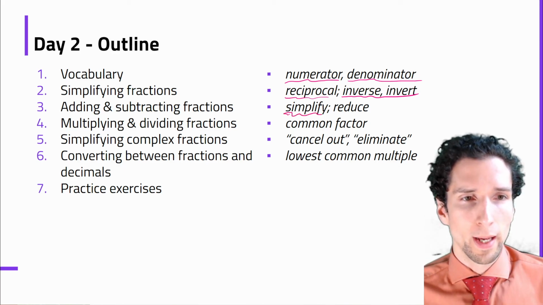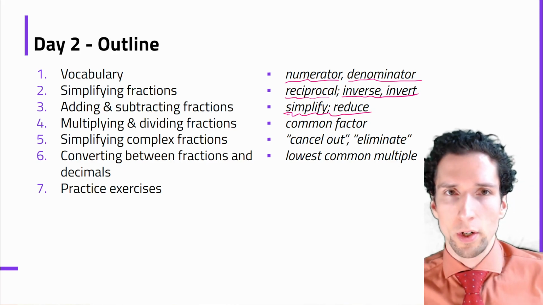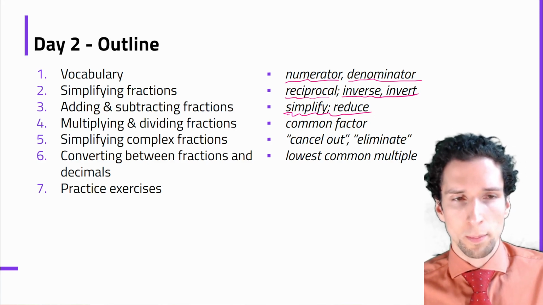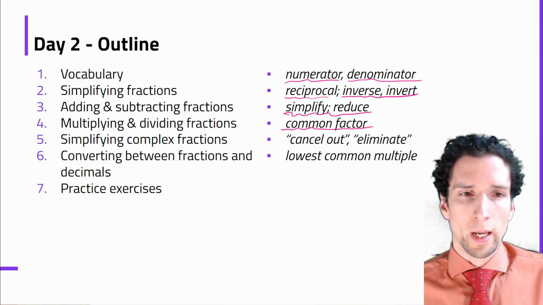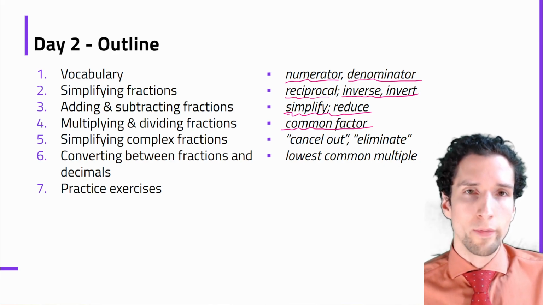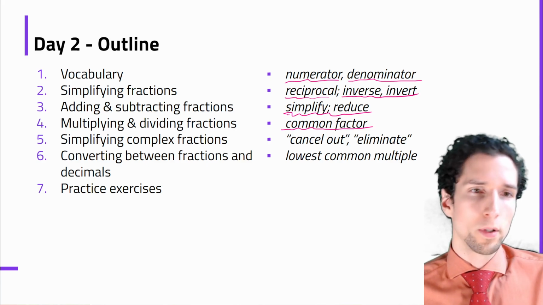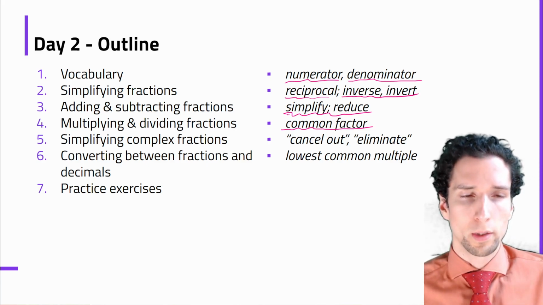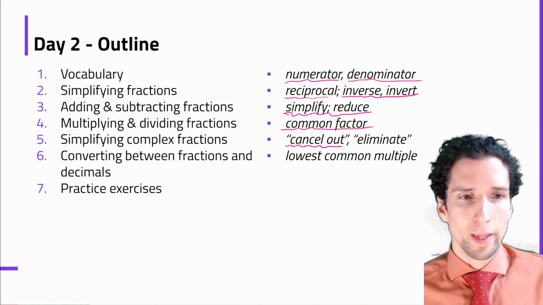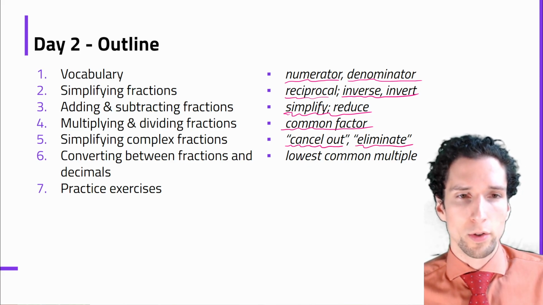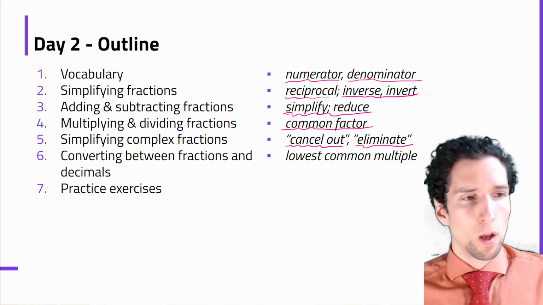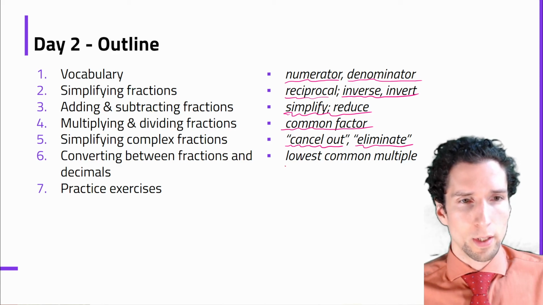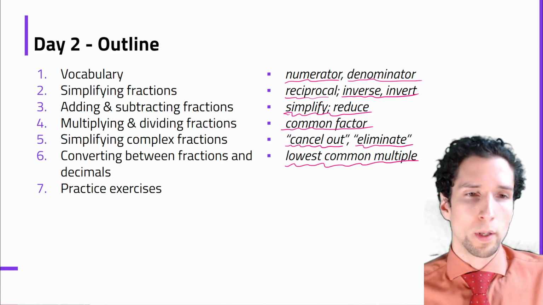We simplify or reduce a fraction or an expression to just be the simplest possible form. Common factors, any number that can evenly divide two other numbers or three other numbers, multiple other numbers.